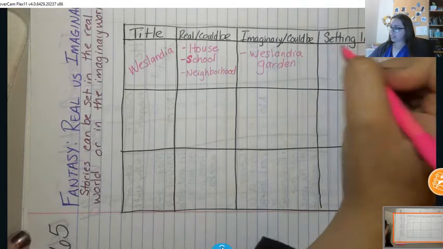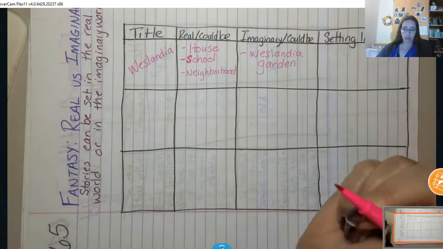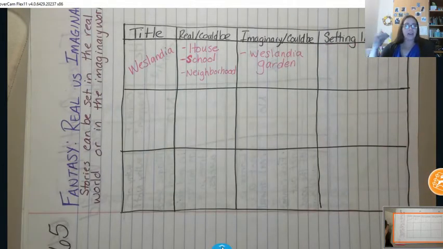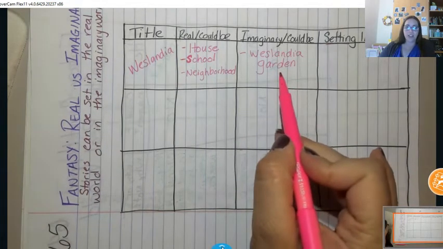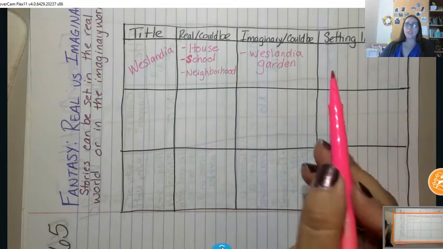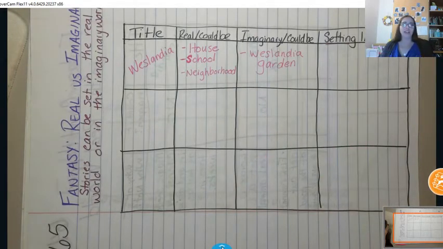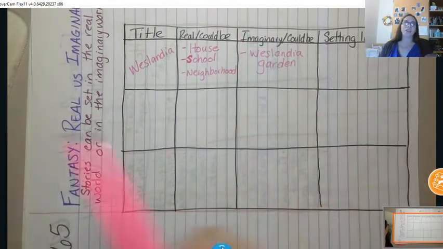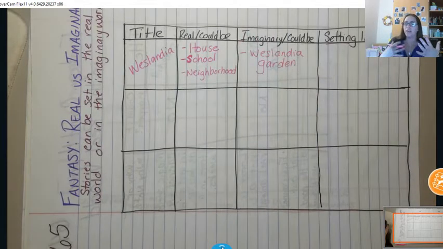Now, why is the setting important to this story? If I think back on that story, if we didn't have that magic garden, Wes would have still been unhappy. He wouldn't have made friends. But because of the garden, he started making friends. He started having classmates come over and hang out with him. And by the time school started again in the fall, it said that he was friends with people again.